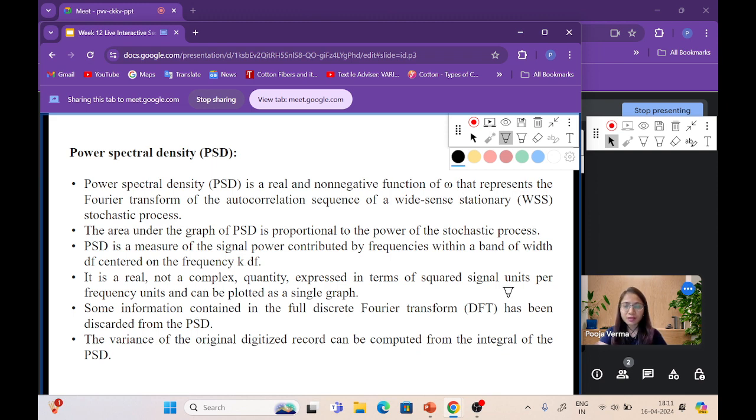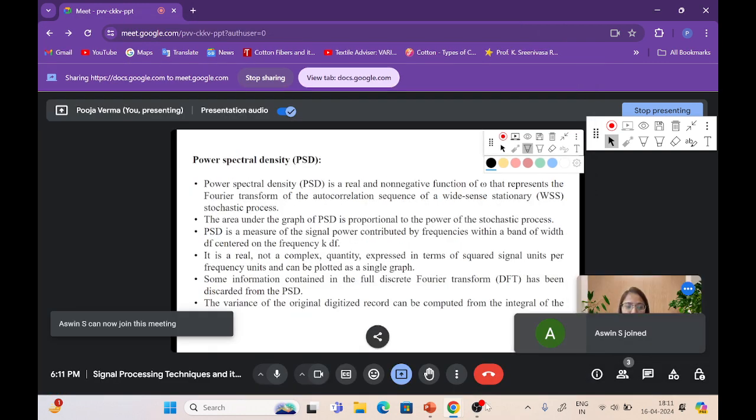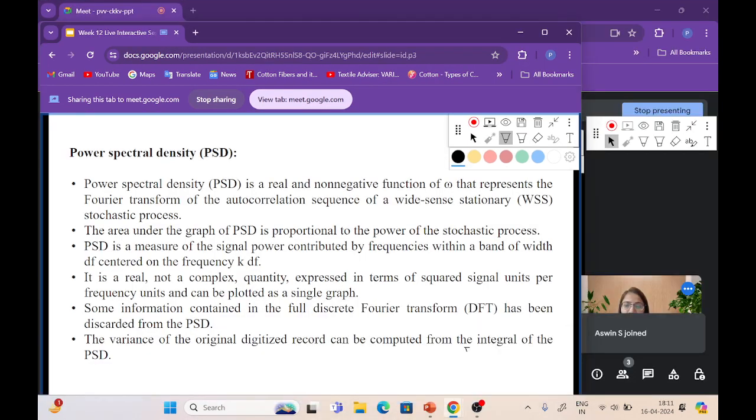So power spectral density is real, not a complex quantity, and it is expressed in squared magnitude units. Some information contained in the full discrete Fourier transform has been discarded from the PSD, and the variance of the original digitized record can be computed from the integral of the PSD.